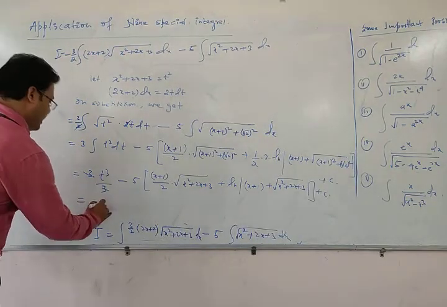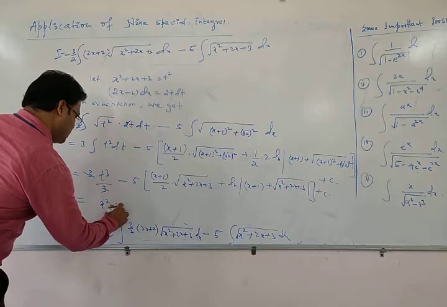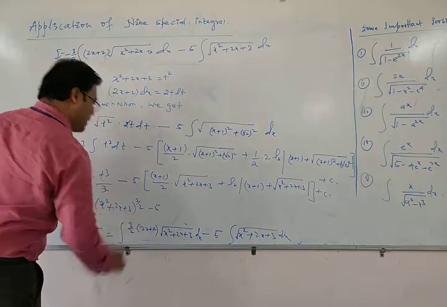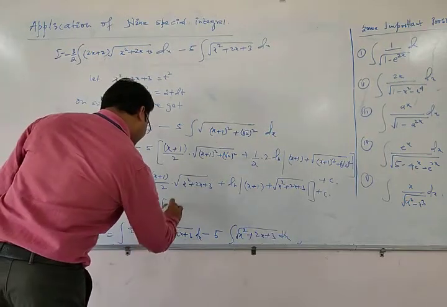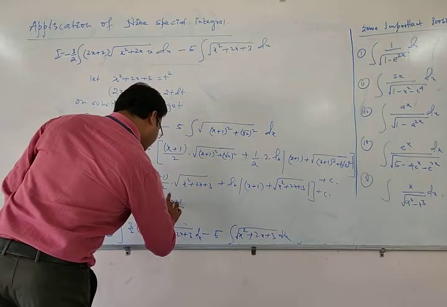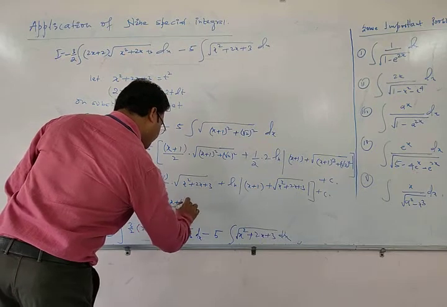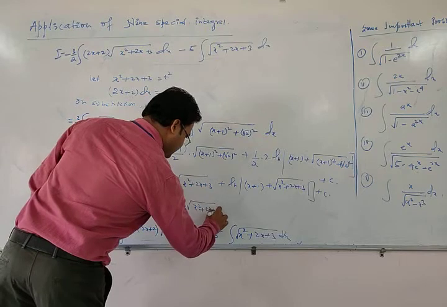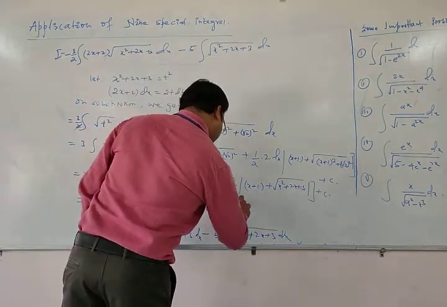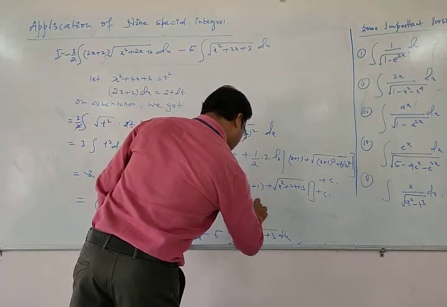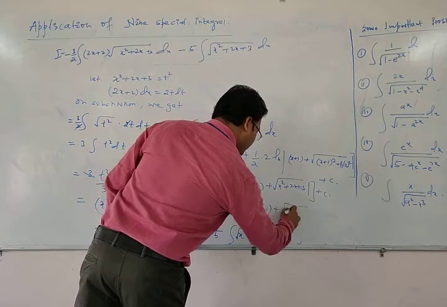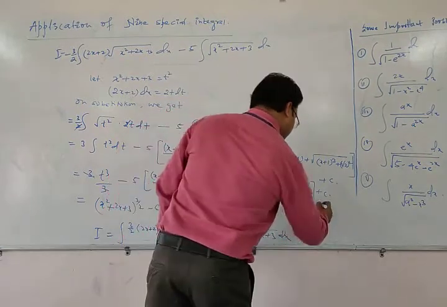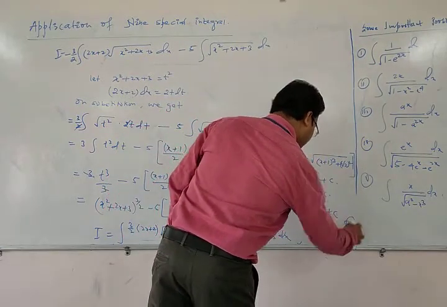So in place of t you can write x square plus 2x plus 3 to the power 3/2, minus 5, big bracket, x plus 1 by 2 square root of x square plus 2x plus 3, plus ln mod x plus 1 plus square root of x square plus 2x plus 3, modulus close, the bracket close, plus constant.